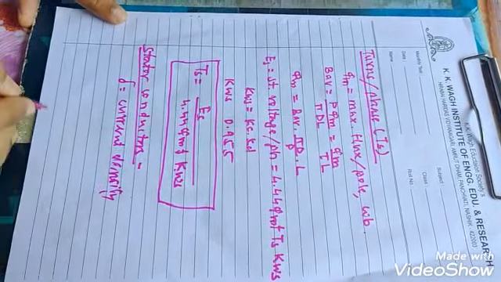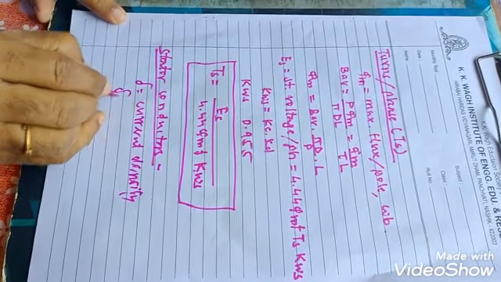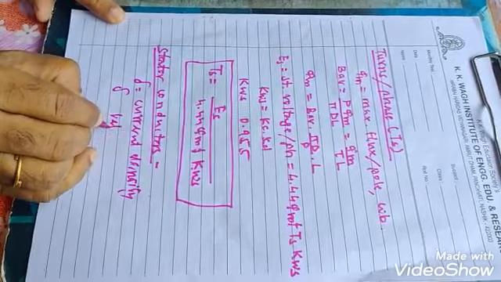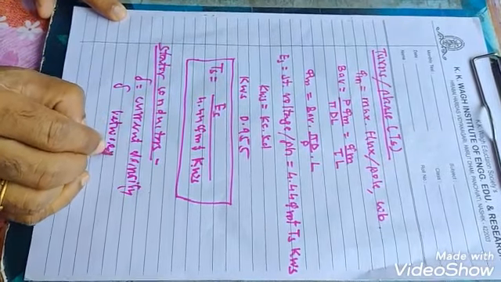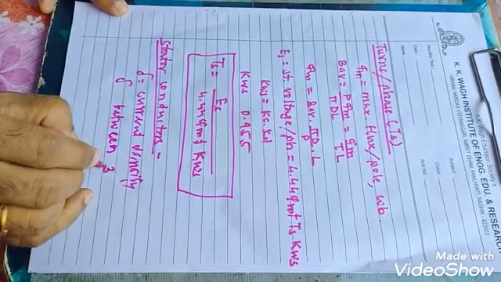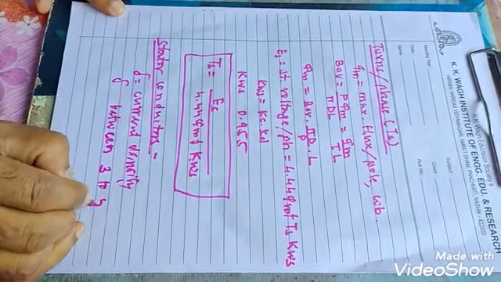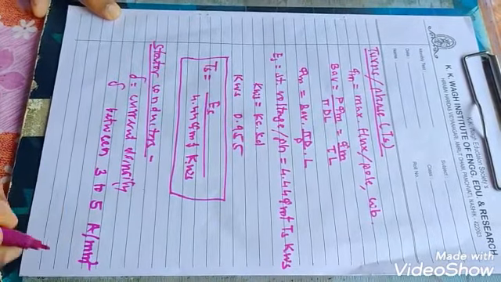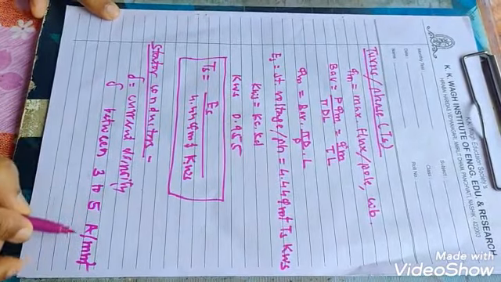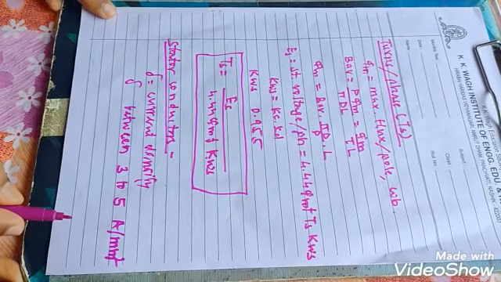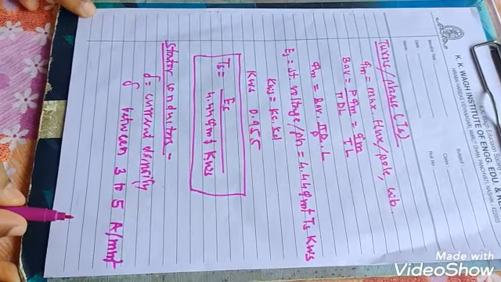For a three-phase induction motor, delta is generally between 3 to 5 ampere per mm square. Any value between 3 to 5 ampere per mm square you can assume for design purposes.